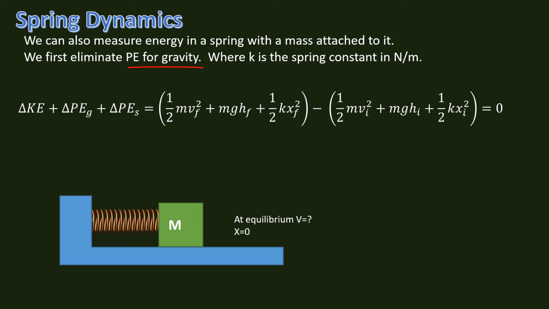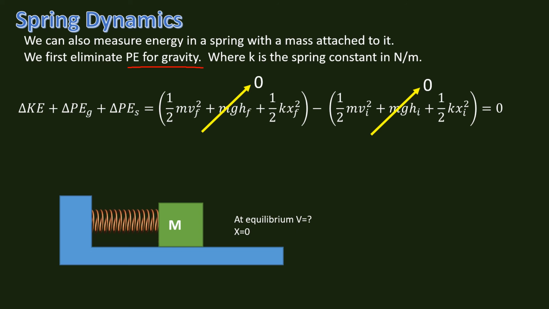And so we just basically put the final conditions in under these brackets minus the initial conditions here. And we can take the potential energy for gravity and make it go to 0. So we just have these two terms, the first one and the spring, in each of the brackets.